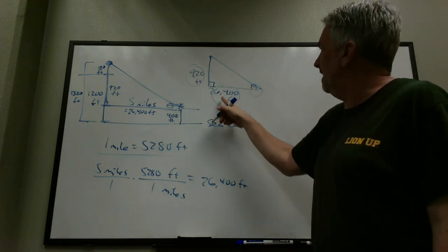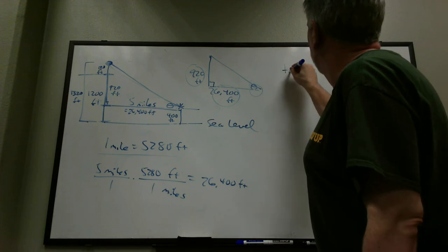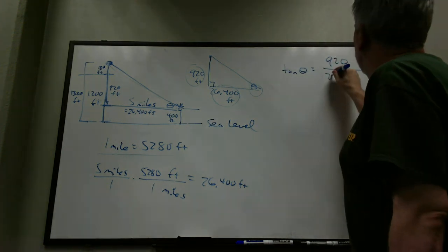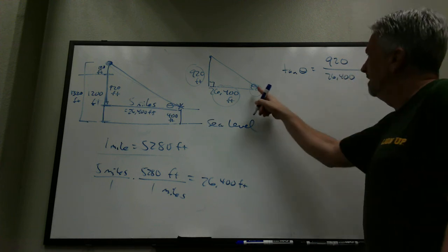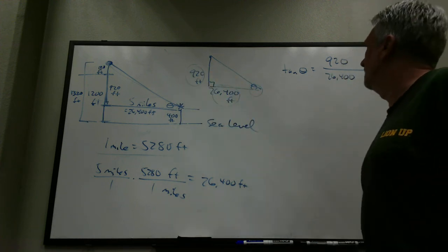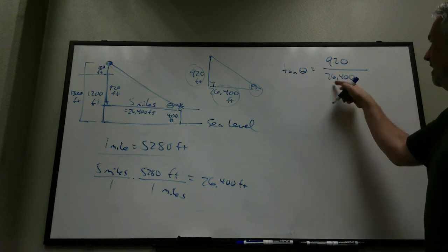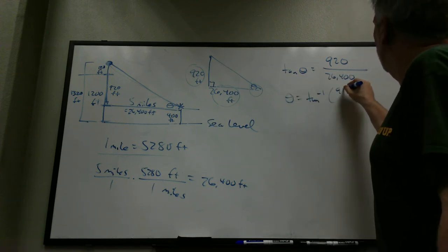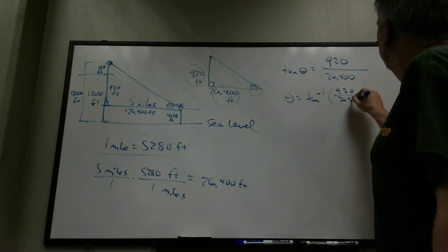This is opposite and adjacent, so that's tangent. So tangent of theta is the opposite over the adjacent. And tan of an angle is a number, so the angle is tan inverse of the number.